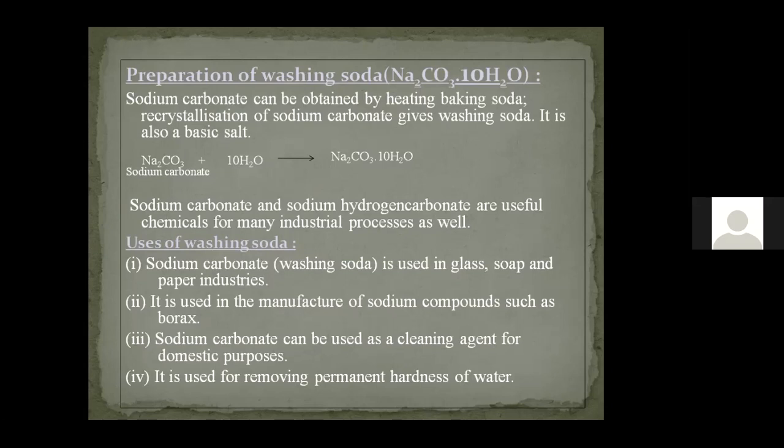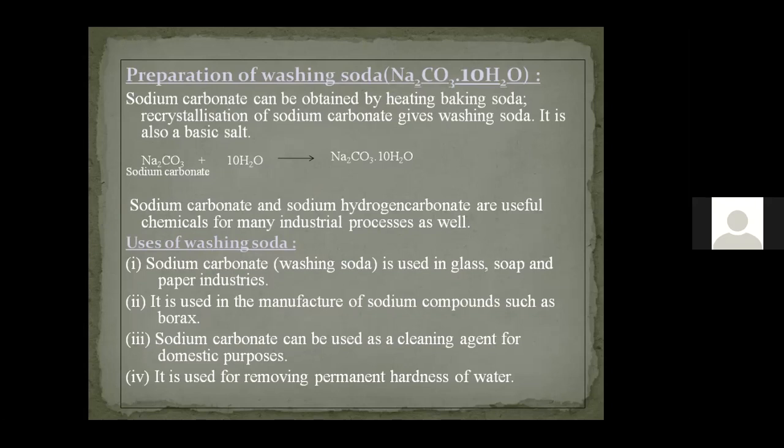Hard water contains calcium and magnesium salts. What happens if there is calcium and magnesium salt in it? Hard water is water that contains dissolved minerals, minerals of calcium and magnesium.